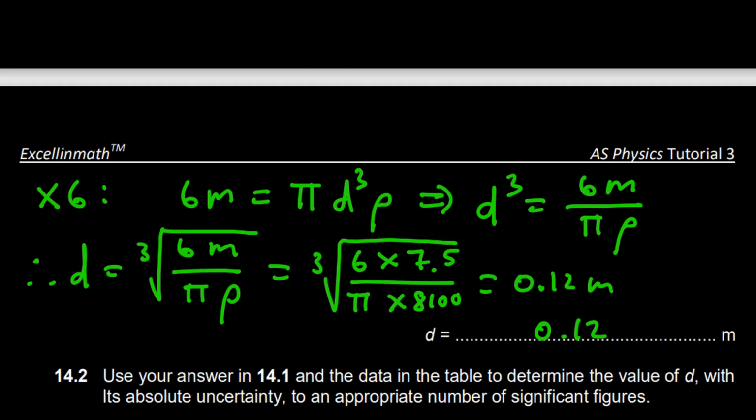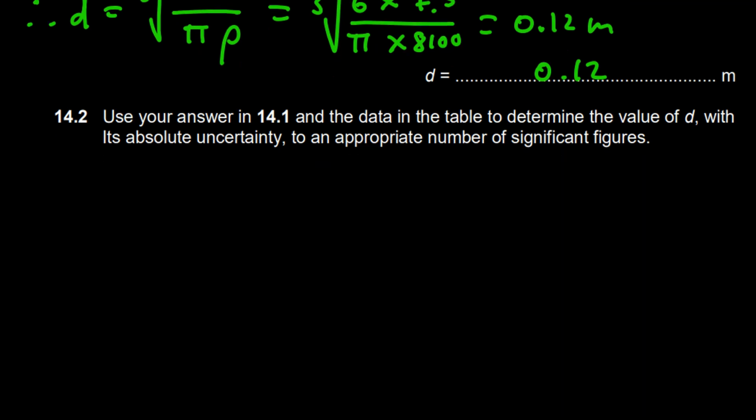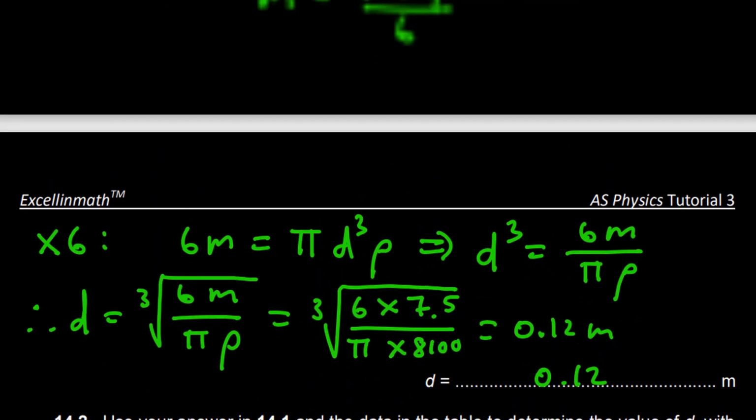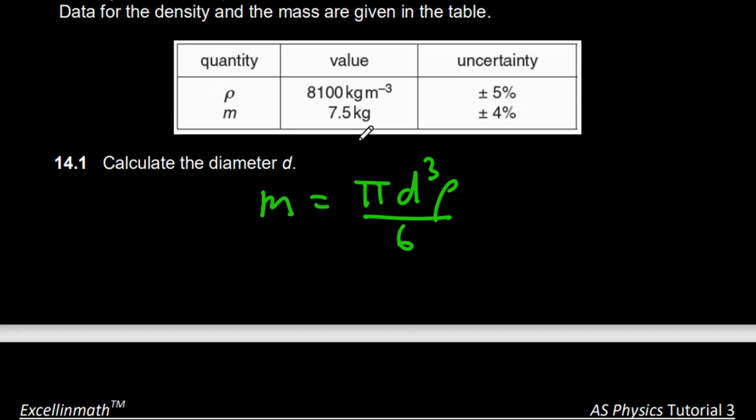Then in 14.2, it says, use your answer in 14.1 and the data in the table to determine the value of d with its absolute uncertainty to an appropriate number of significant figures. Now, we are given the percentage uncertainties for rho and m.